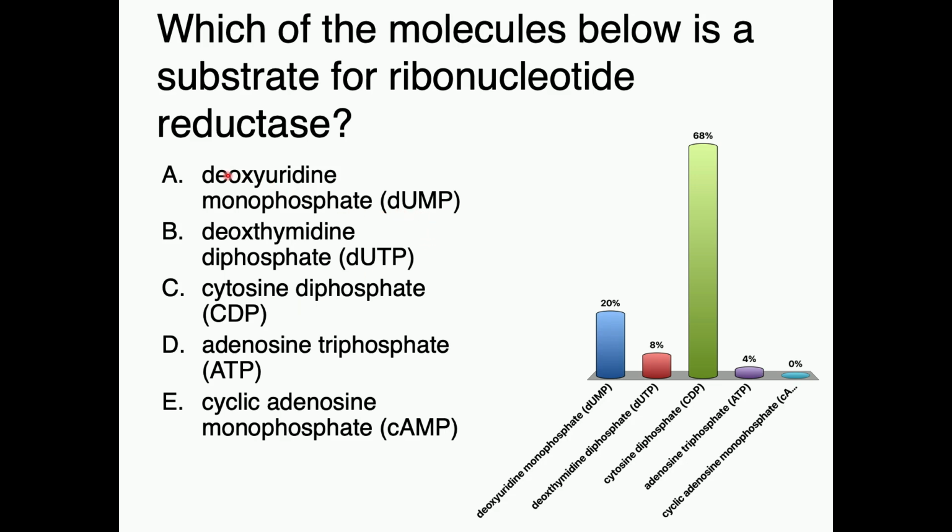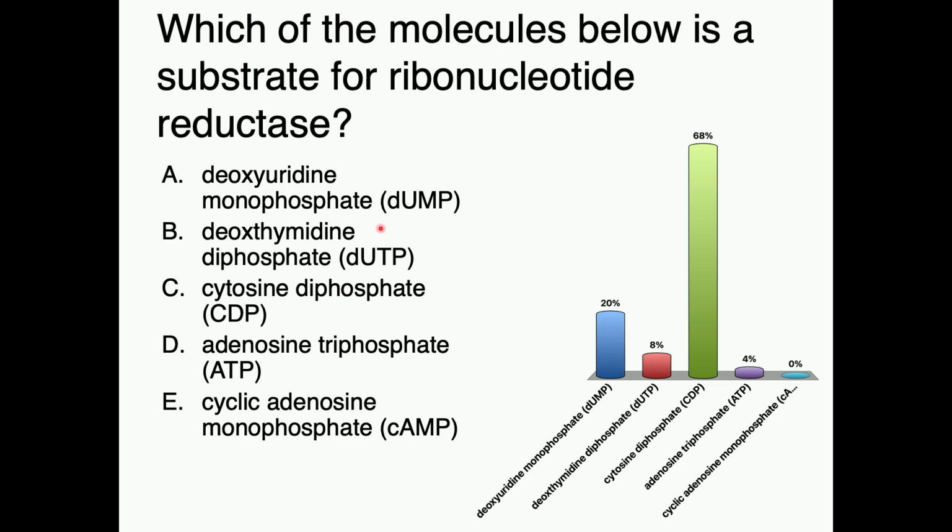Yes, ribonucleotide reductase is always using a diphosphate nucleotide as a substrate, and its product is going to be a deoxynucleotide that is diphosphorylated. Good? Okay. So the best answer here is cytosine diphosphate.